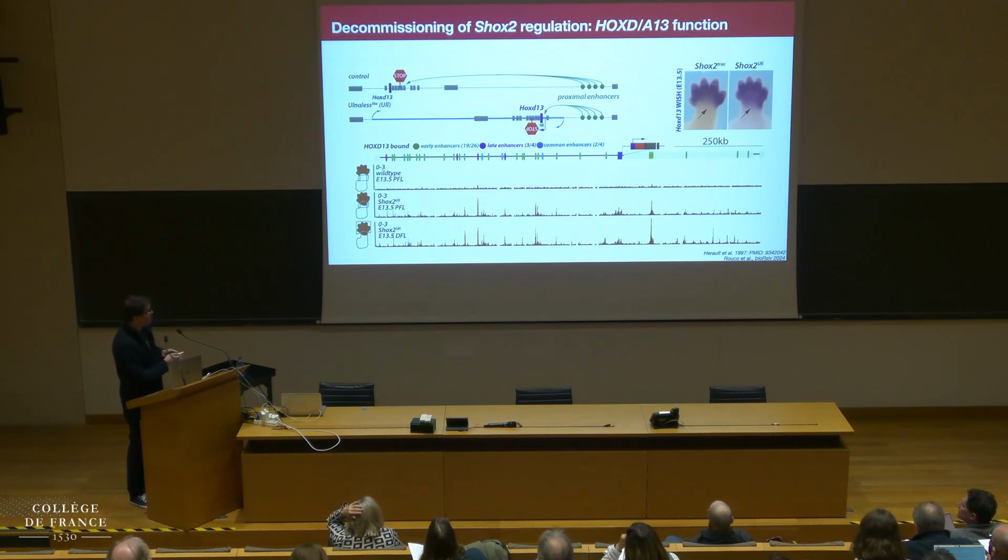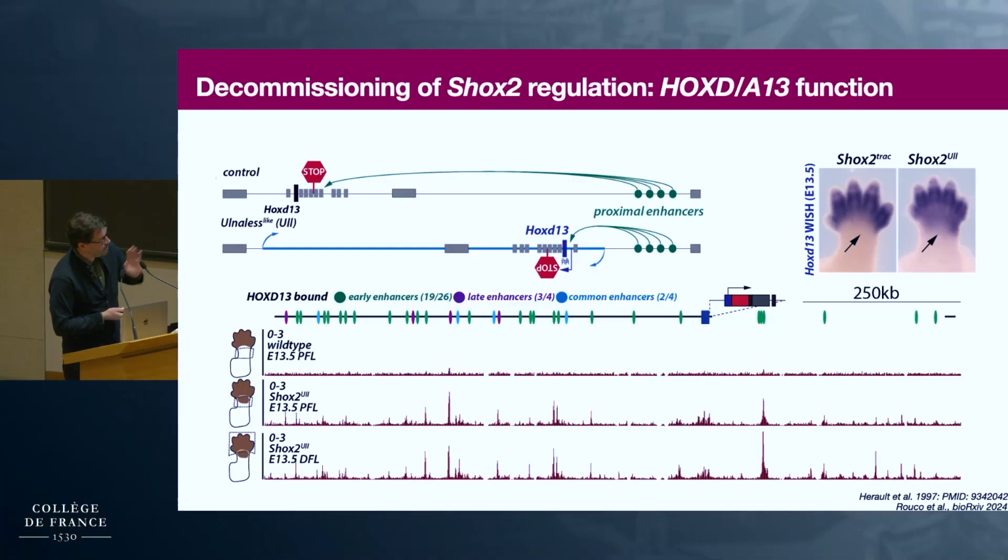And actually, it binds in the exact same way that it used to do in the normal context in the distal part. So really, HOXD13 is able, wherever you express it, at least in the limb, to go and bind to its target place. It doesn't bind one category rather than the other. It binds a bit of all of the enhancers, and actually a substantial fraction of them.